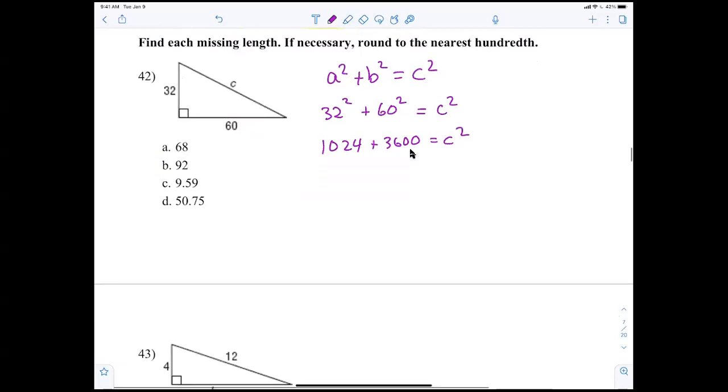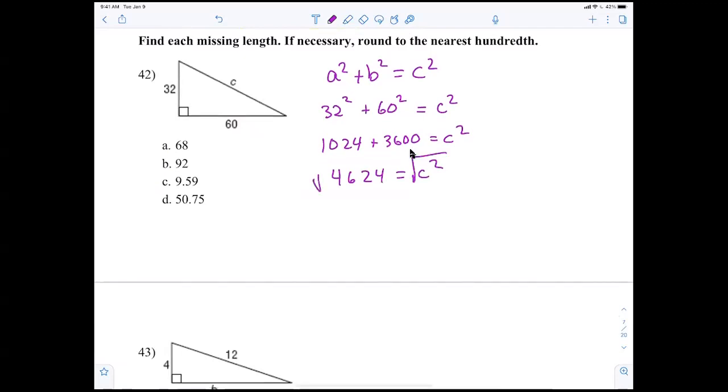Now, when you add that together, that is 4624 equals c squared. Now you take the square root. So take your handy dandy calculator out.